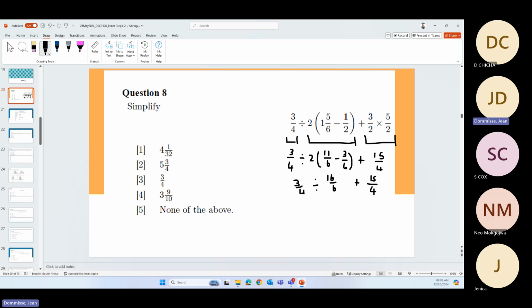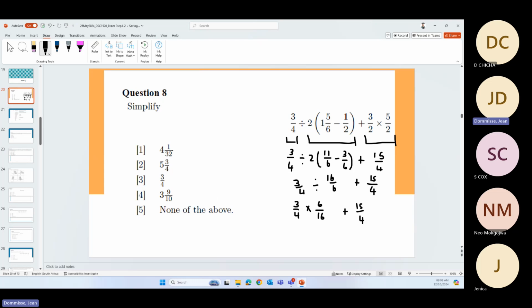Okay, so now we've got 3 over 4 divided by 16 over 6. So the easiest way to handle this is, remember, when you divide, you're allowed to swap the fraction around and multiply. So you are allowed to do that. And we keep the 15, sorry, over 4.